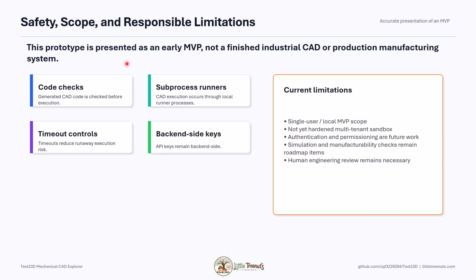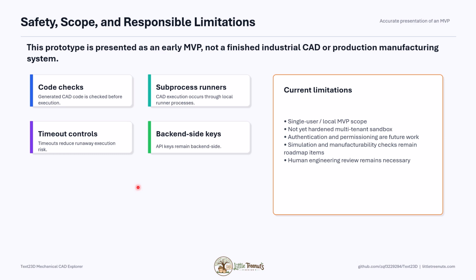Scope and responsible limitations. This prototype is presented as an early MVP, not a finished industrial CAD or production manufacturing system. The code checks, the sub-process runners, the timeout control, and the backend-side keys are not production level yet.